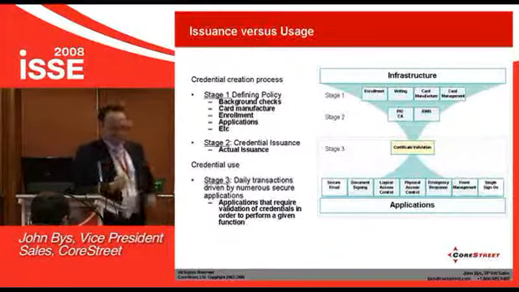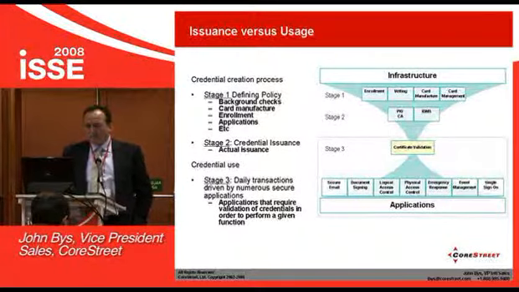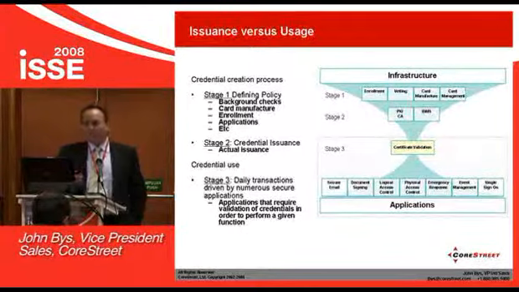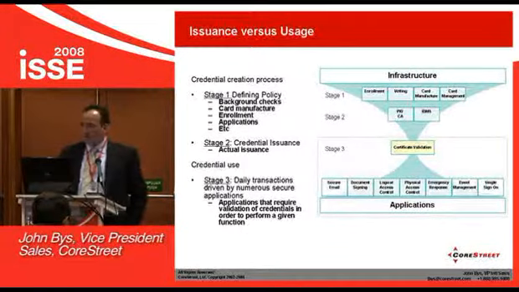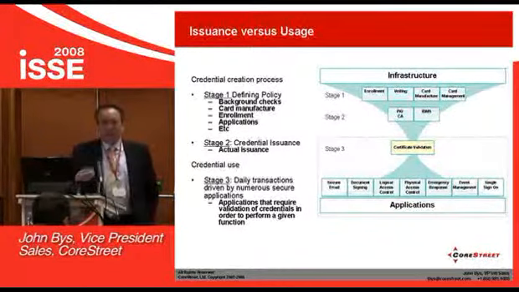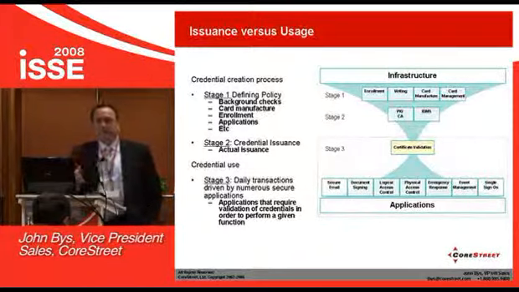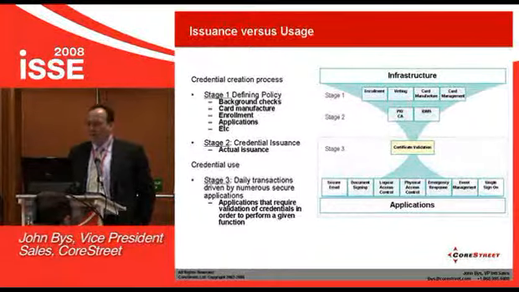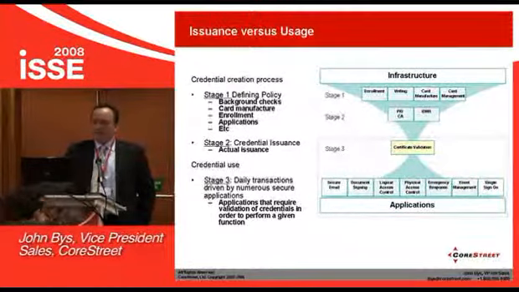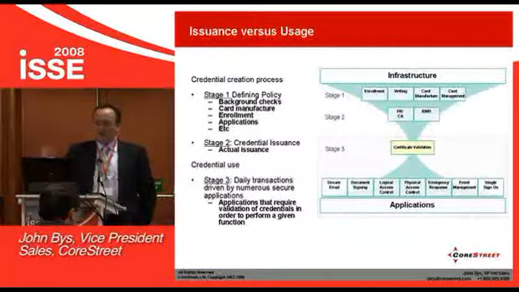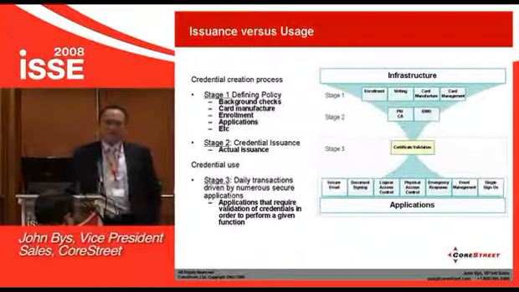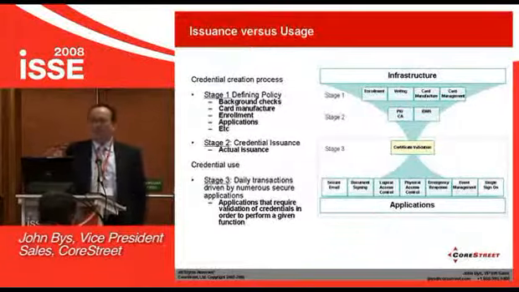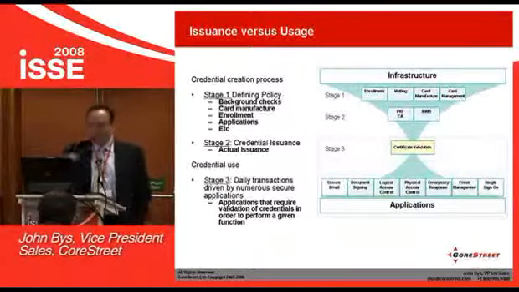The idea is that you have to set up certain rules upon establishing any program for creating IDs or credentials, and that's planning for issuance. A lot of work goes into that process to make sure that you're defining the proper policy, putting together the policy background, card manufacturers, and enrollment processes for establishing a level of trust in the program that you're creating.